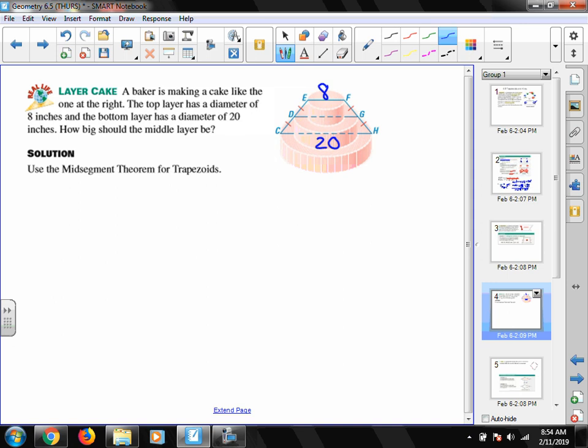So I know that my mid-segment, DG, has to be 1/2 of EF plus CH. Okay, that's just that mid-segment theorem that we just talked about on my last slide, and it is right above this problem on your note sheet.